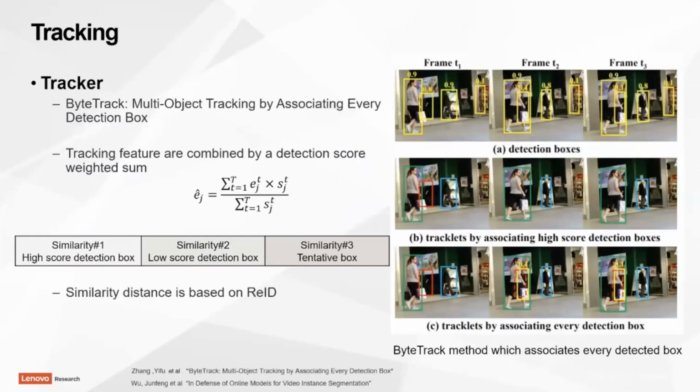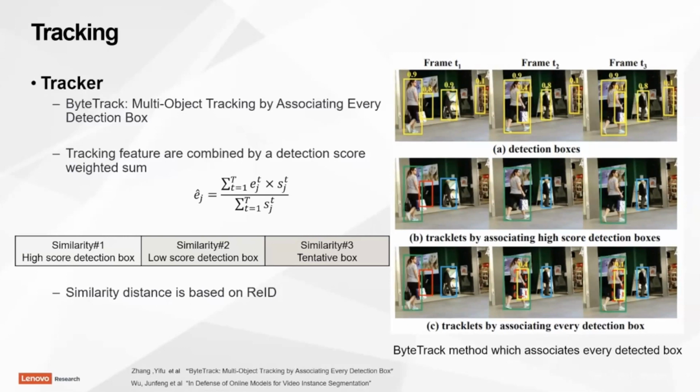For tracking, we apply BDD, tracking by association of every detection box instead of just the high-score ones. We combine the tracking feature from the previous frame with the detection score weighted sum. The similarity distance for all boxes is based on ReID distance.